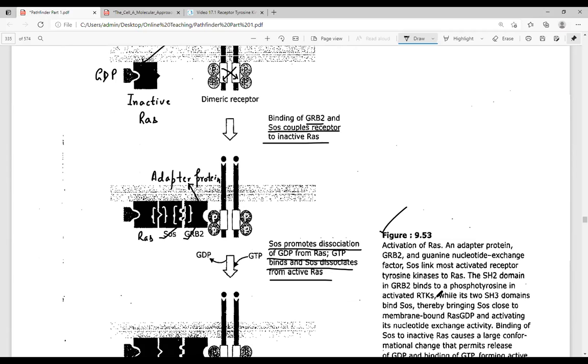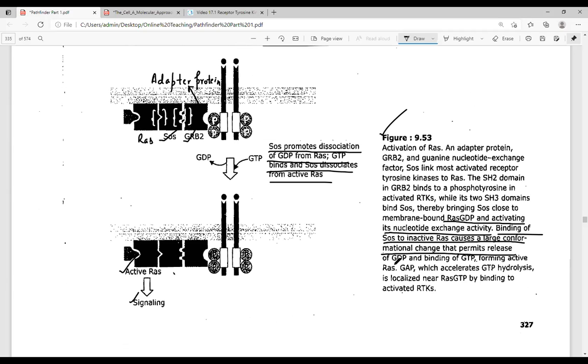See, thereby binding SOS close to membrane bound RAS GDP. And once it has been bound to the RAS GDP, it is going to activate its nucleotide exchange activity. Binding of SOS to inactive RAS causes a large conformational change that permits the release of GDP and binding of GTP.